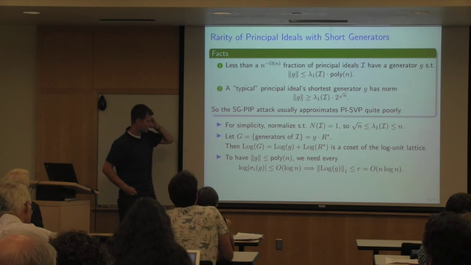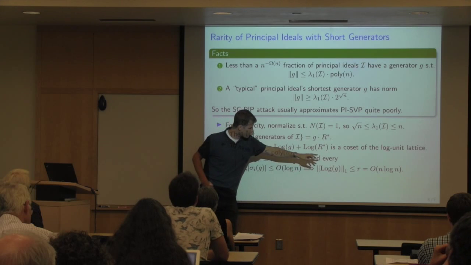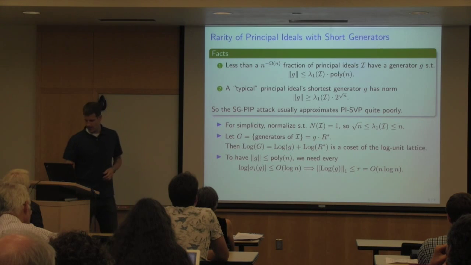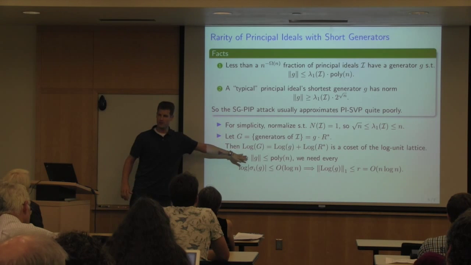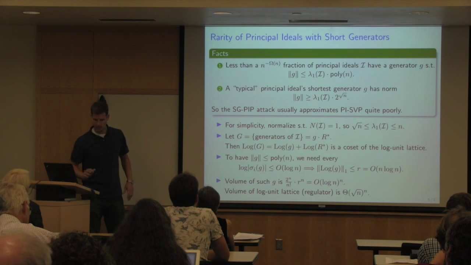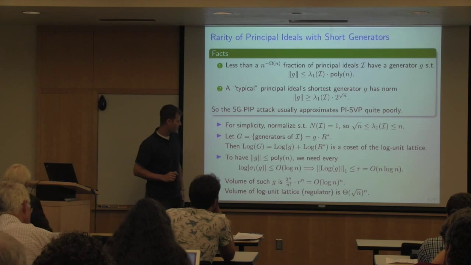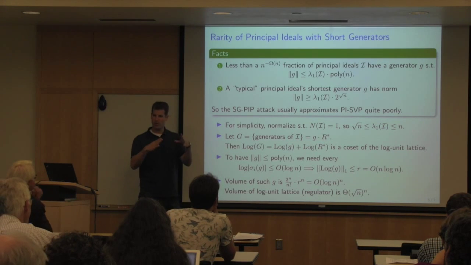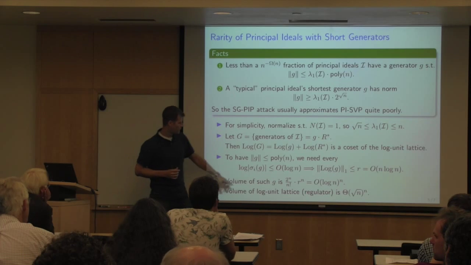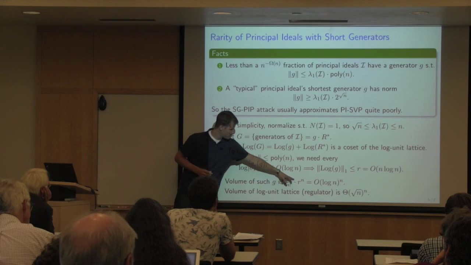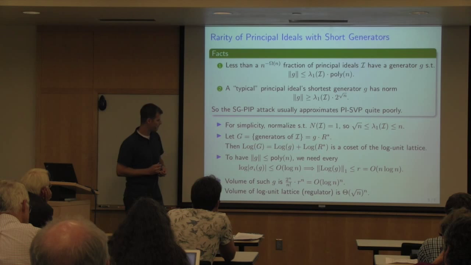So okay. So we know that this L1 norm is order n log n, and now we can just ask, well, what's the volume of such G's? Right? So the volume of such G's, you can just look up. The volume of the L1 ball of a particular radius is 2 to the n over n factorial times the radius power n.